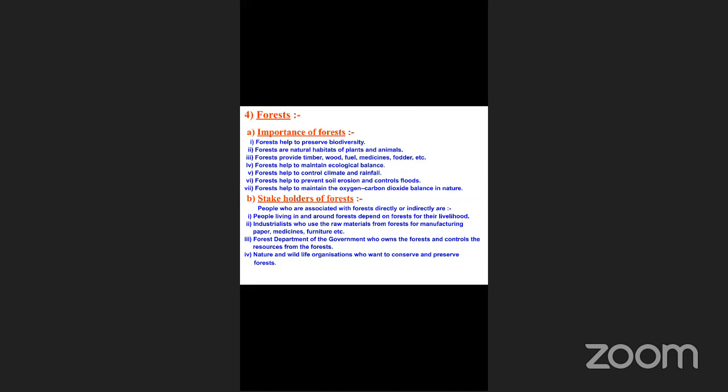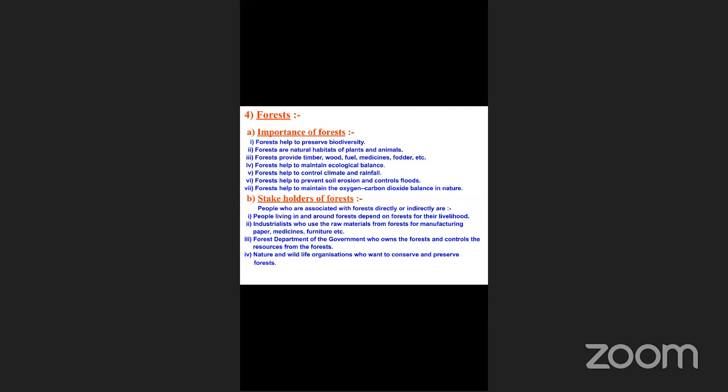So next, the next natural resource is forest, we have discussed yesterday. Yes or no? Yes, ma'am. And I told you that forests are what? Biodiversity hotspots. Yes, biodiversity hotspots. And what is the importance of this forest? We'll see some points why forests are very important for us.